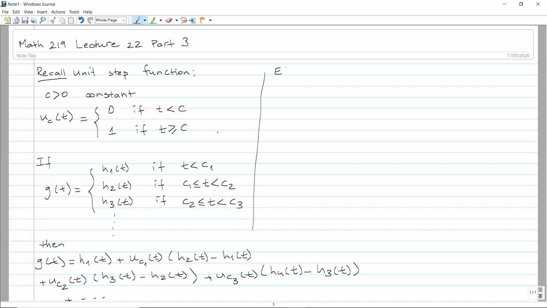Okay, so last time we did examples, but with functions with infinitely many discontinuities. Let's say the function g is what we call the square wave function.